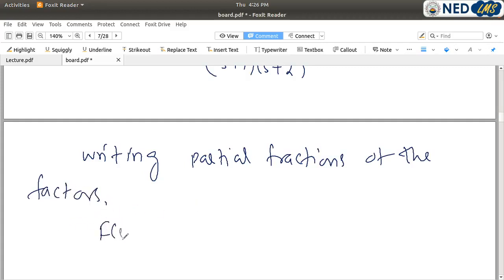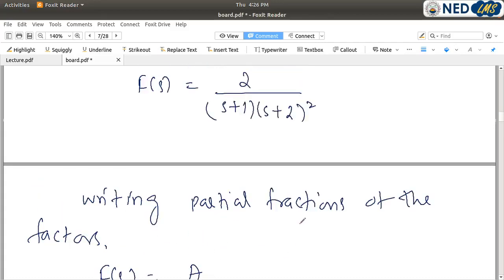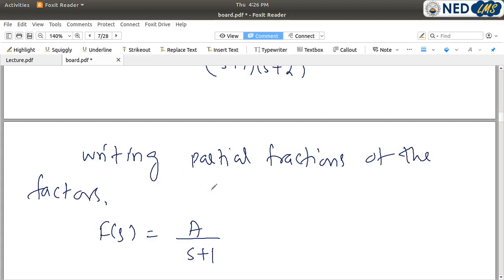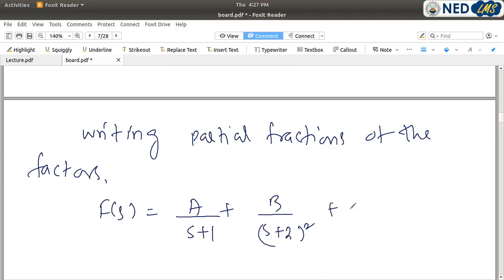F of s is equal to A over s plus 1, just as we did in the previous case, plus B over s plus 2 whole square, this whole factor, and plus C over s plus 2. Just see the additional term that resulted due to the repetition of s plus 2.